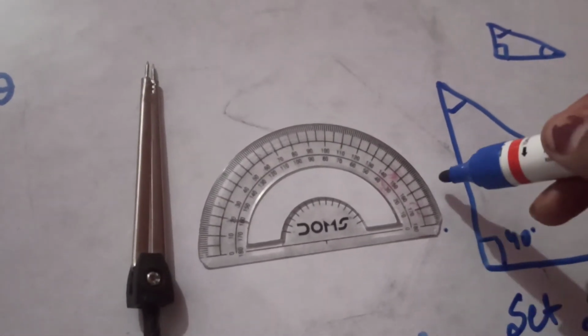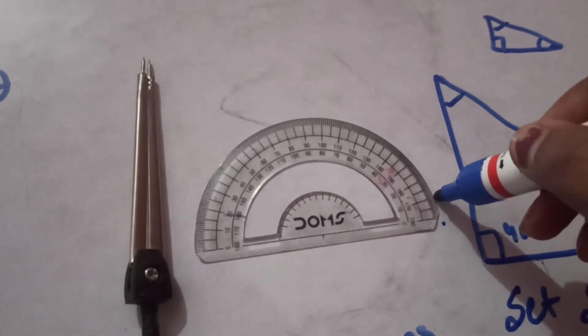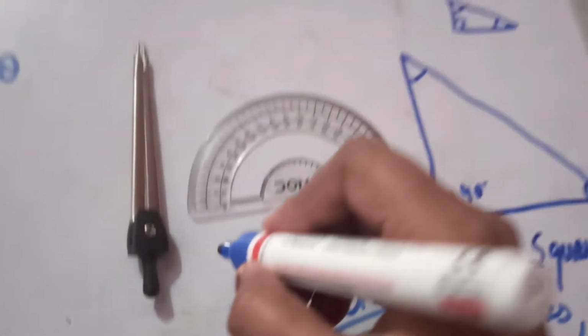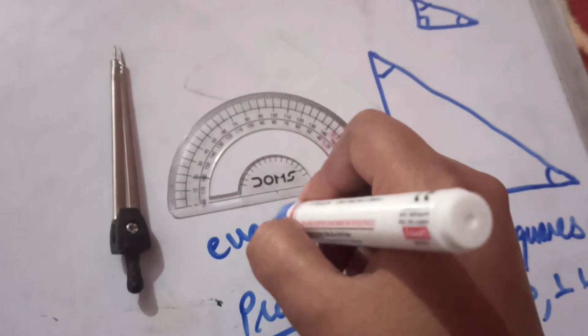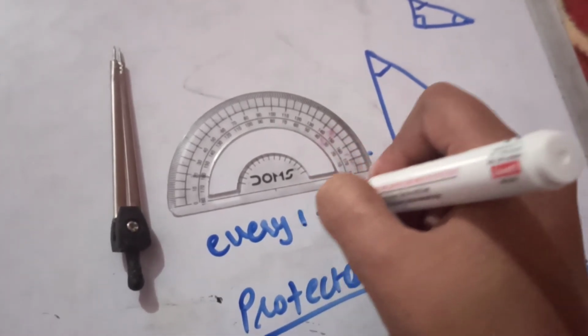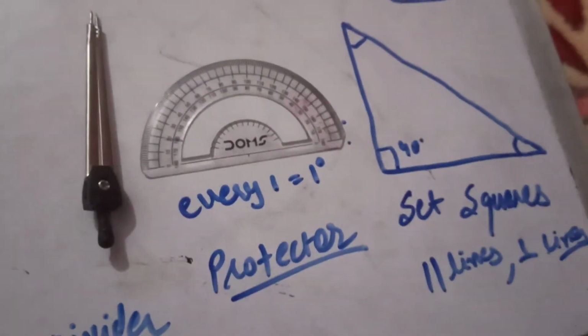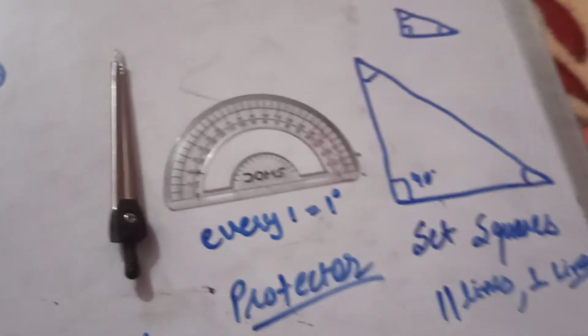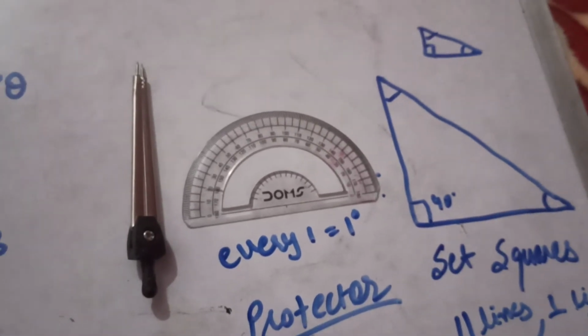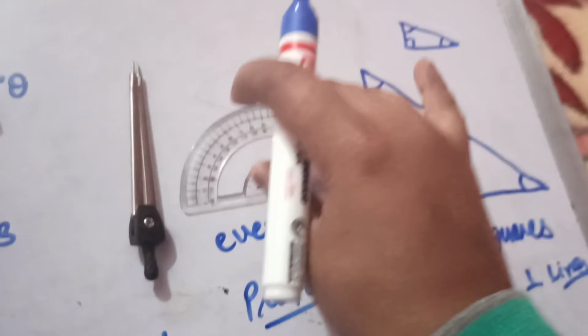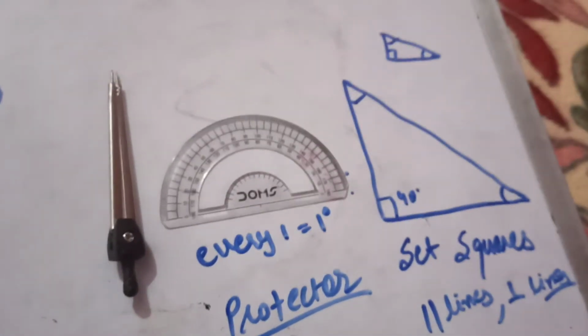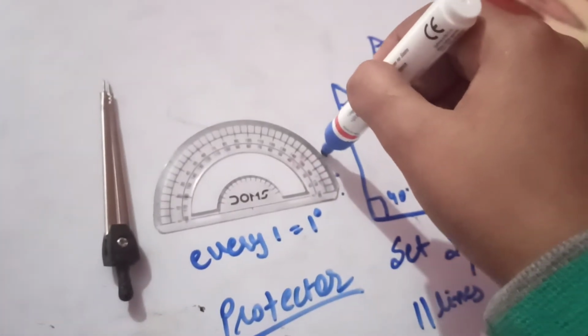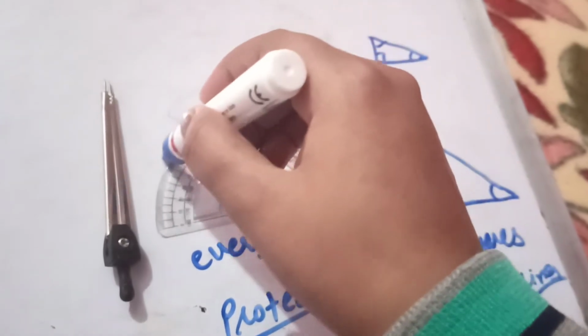In between 0 to 10 there are 10 lines, and every small line equals 1 degree. Right? And one more main point which you don't know, that angles always go up with this one.